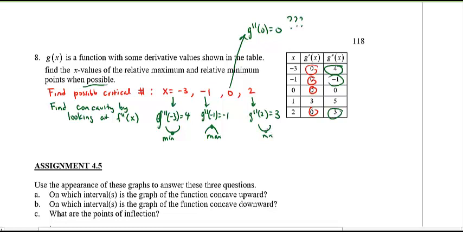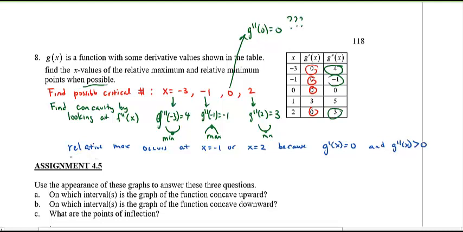So ultimately now, it says find the x values of the relative max and relative min. I will say now the relative max occurs at x equal to negative 1 or x equals 2. Right, those are the x values. Why, I'll say because, and once again you have to quote that the derivative is equal to 0, and its second derivative is less than 0.